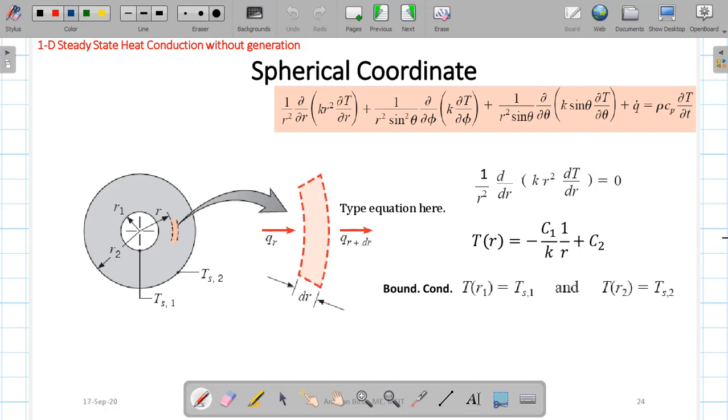In this lecture, we'll see the heat transfer again in the radial direction, but in case of a spherical system, in a spherical coordinate system.